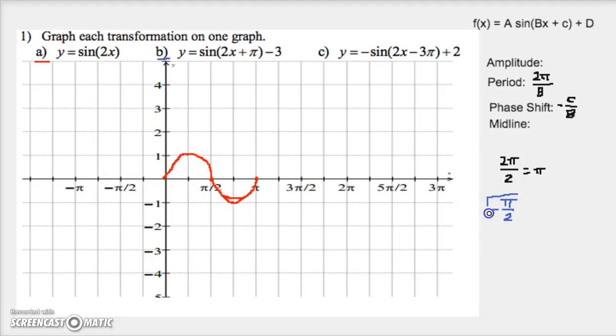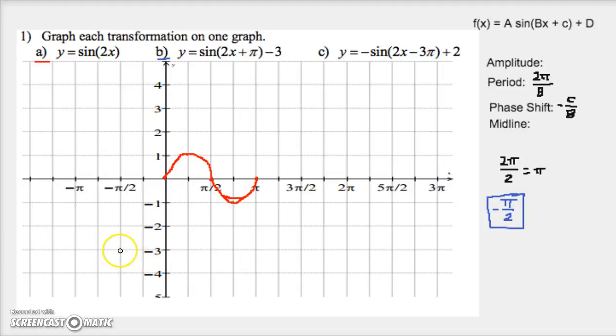So that would be our phase shift, which is actually half the distance. And now what does this mean? It's the midline, right? So we would move this all the way to -3 down here. So let's start plotting the beginning, middle, and end.